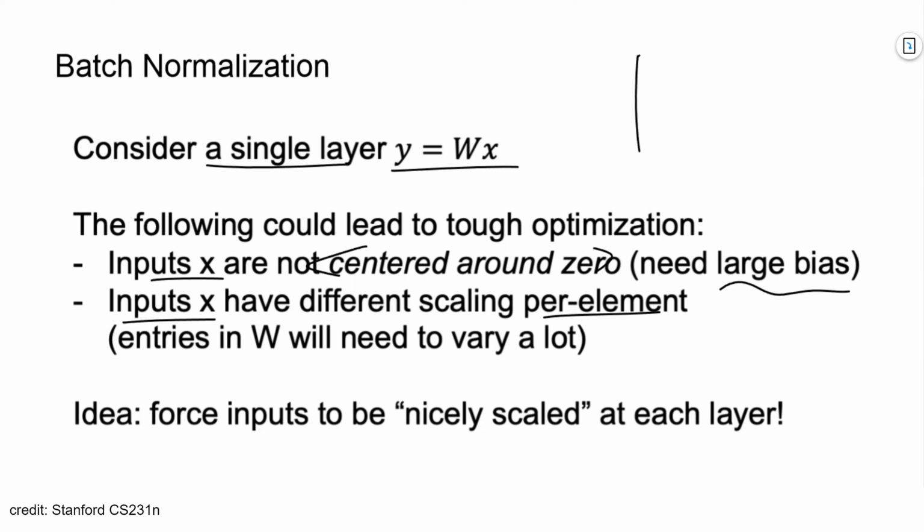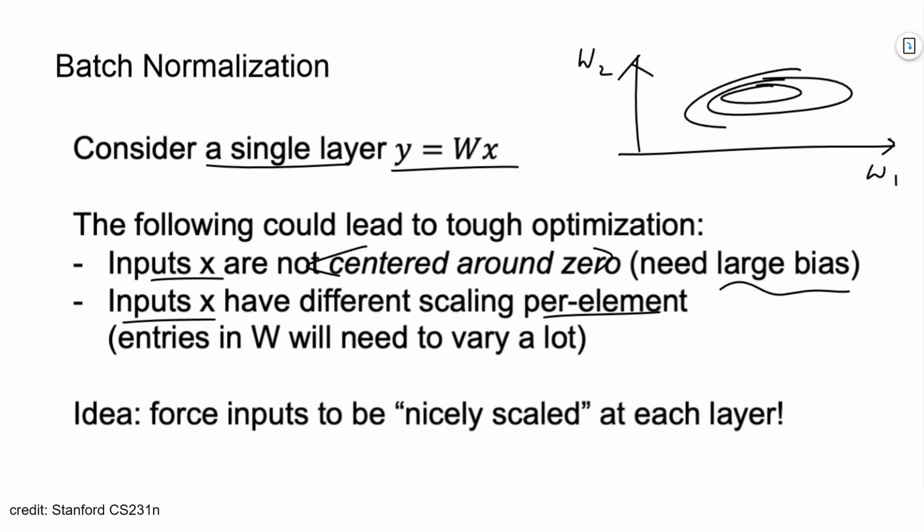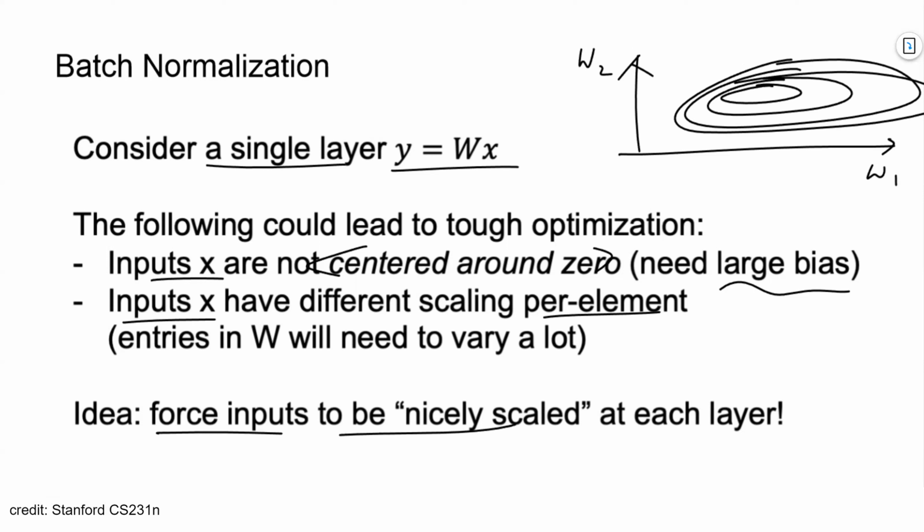We saw this picture, W2, W1. So the loss space looks like this. In these two cases, optimization becomes very tough. The idea of batch normalization is to force inputs to be nicely scaled at each layer so that the optimization becomes somewhat smoother.